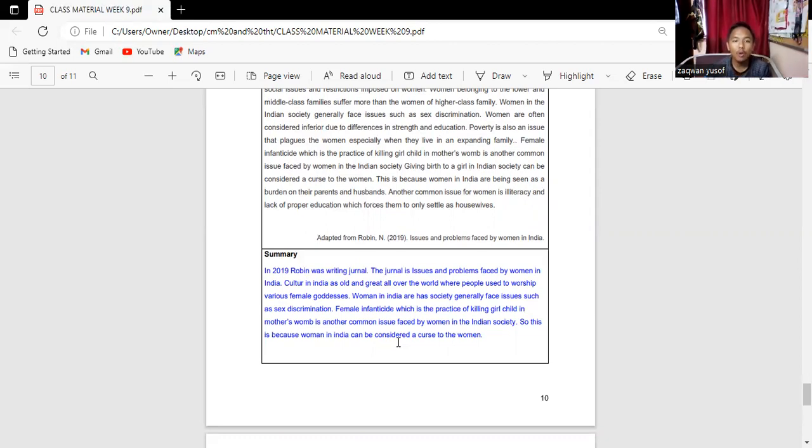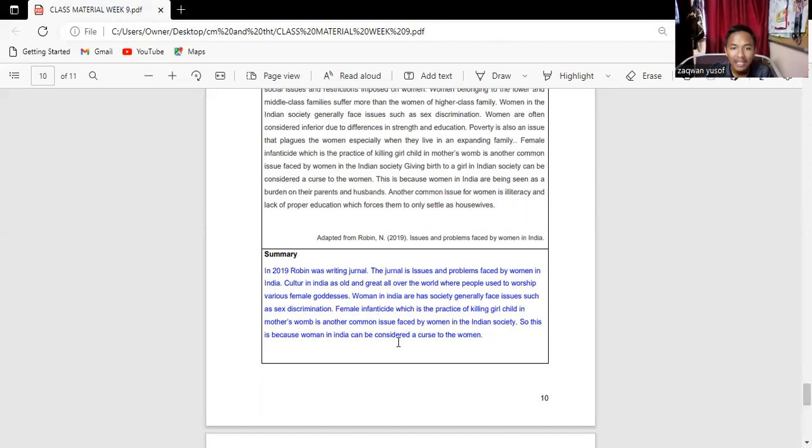Summary. In 2019, Robin wrote a journal on the issues and problems faced by women in India. Culture in India is great all over the world, where people worship various female goddesses.